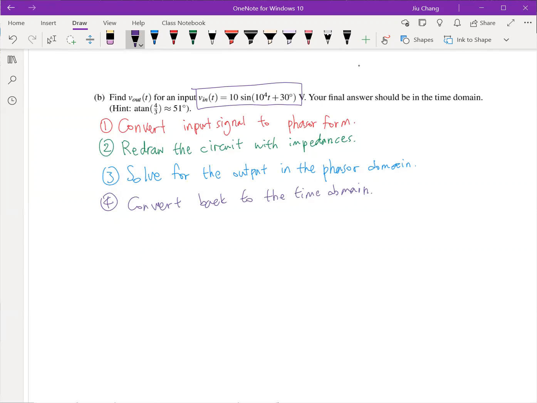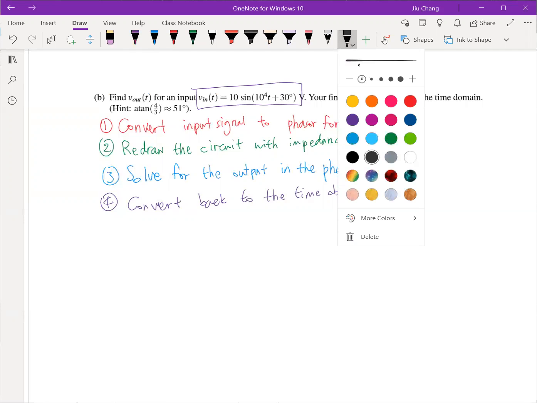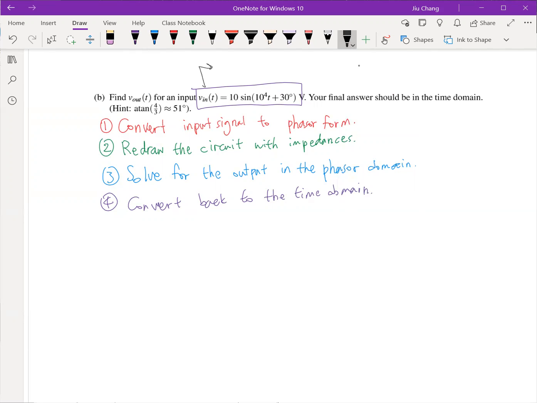And this AC input signal means that for any voltage output we will still be having some sinusoidal signal with the same frequency.